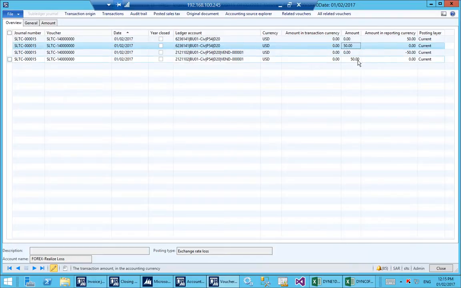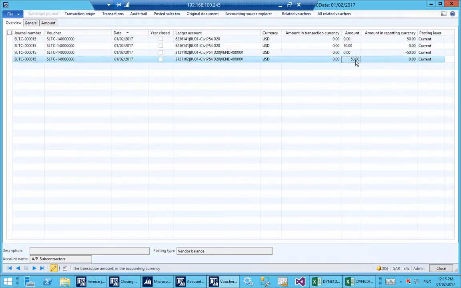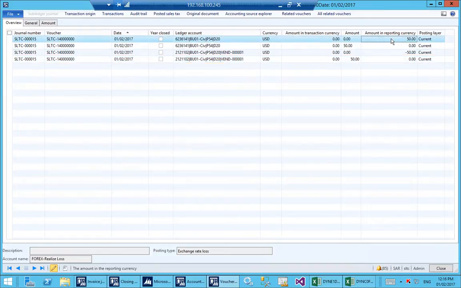This is debit and this vendor balance is credit. And this is in reporting currency, $50 also debit. And the credit. So we can see amount and amount in reporting currency. But here, this is not credit. What's the issue?